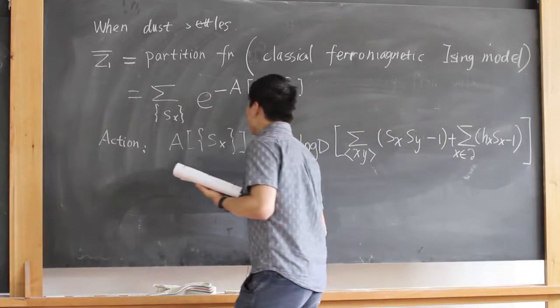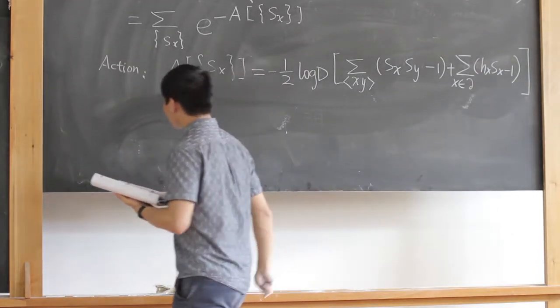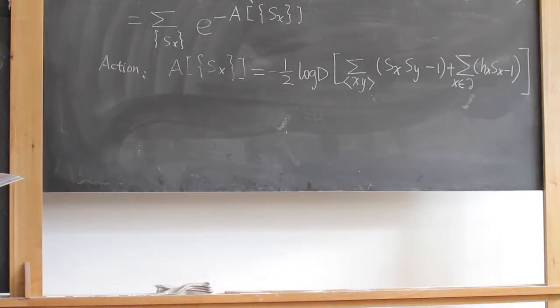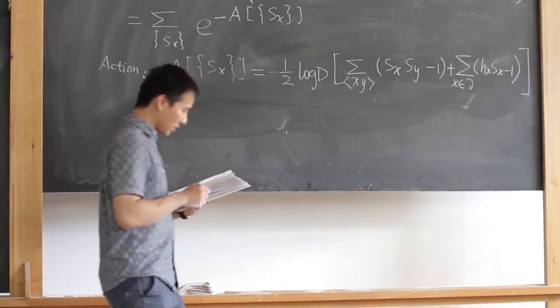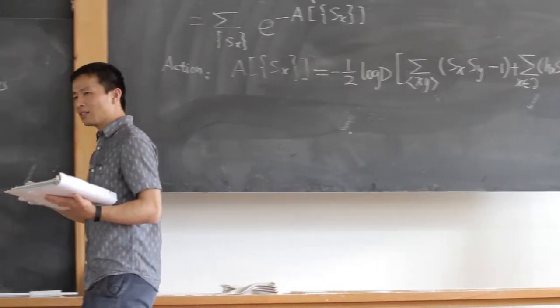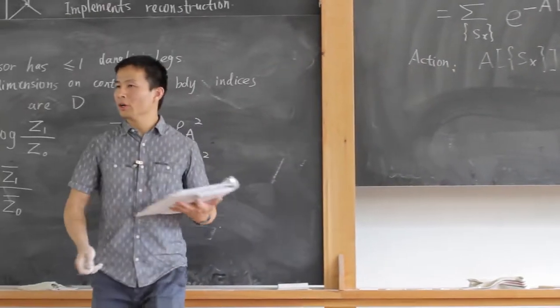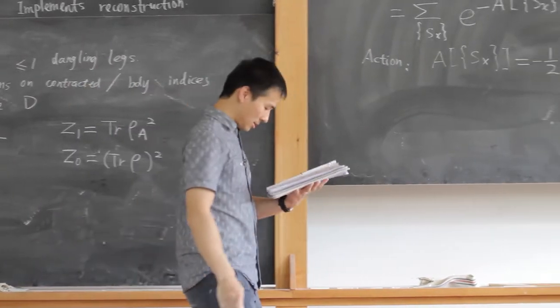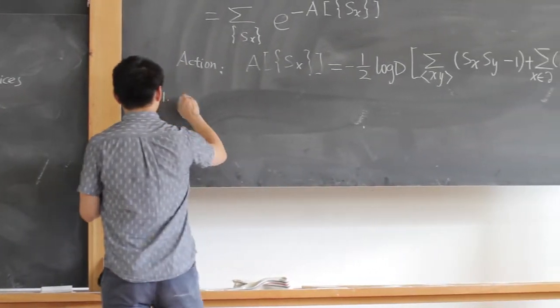Let me explain the formula. What we are doing here is associating an Ising spin, a classical Ising spin that takes the value plus or minus 1, to each vertex.